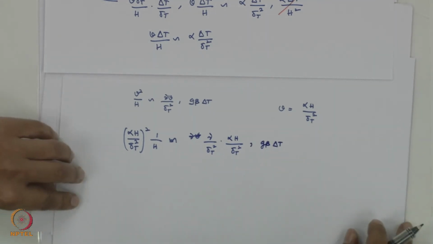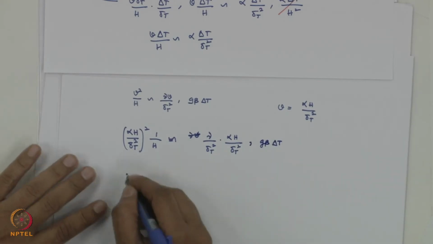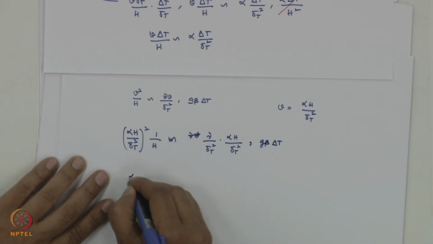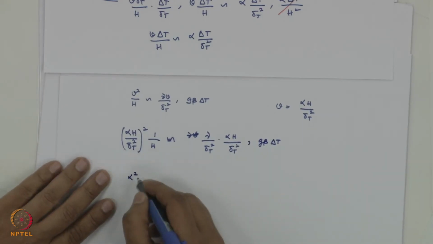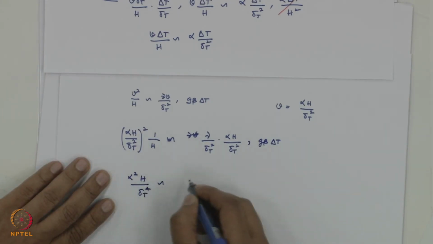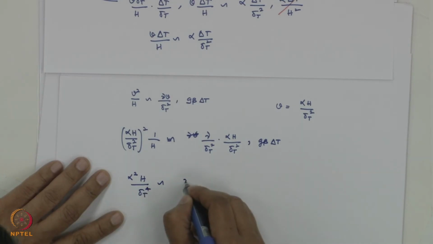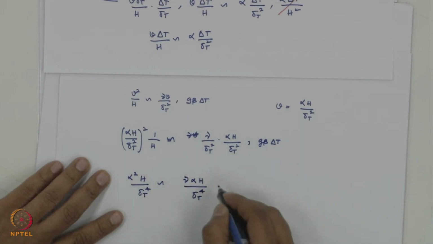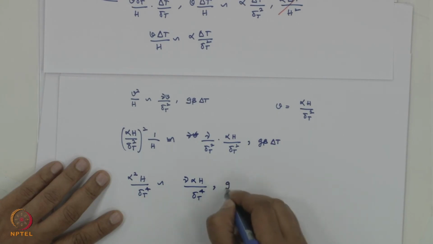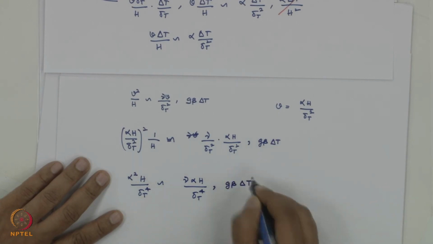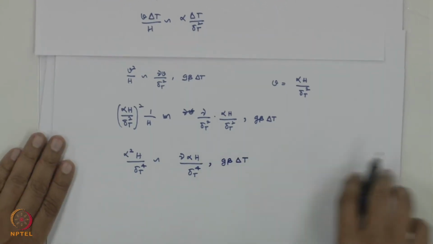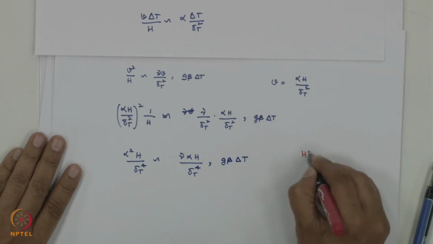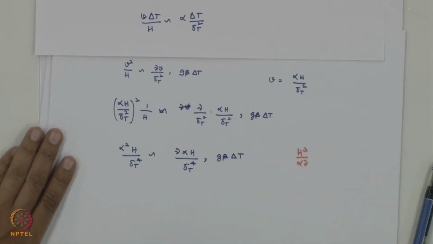So if I simplify this, what do I get? Alpha squared h upon delta t to the power of 4 is of the order of nu alpha h upon delta t to the power of 4, comma g beta delta t. Multiply throughout by h cube by alpha nu.